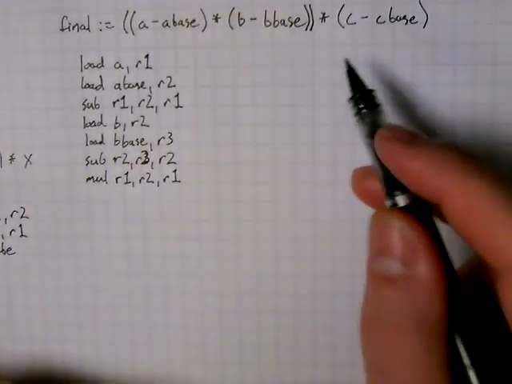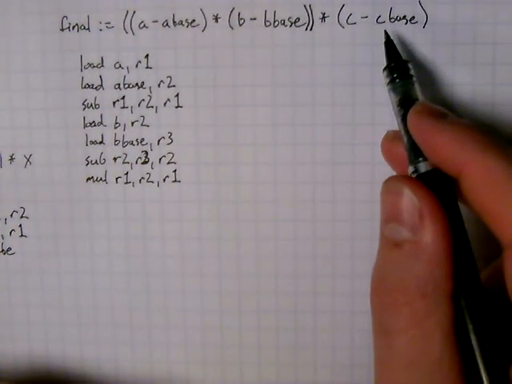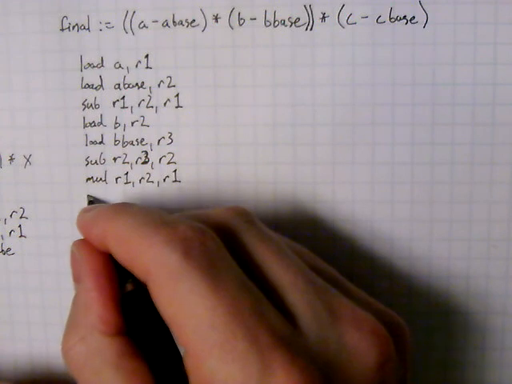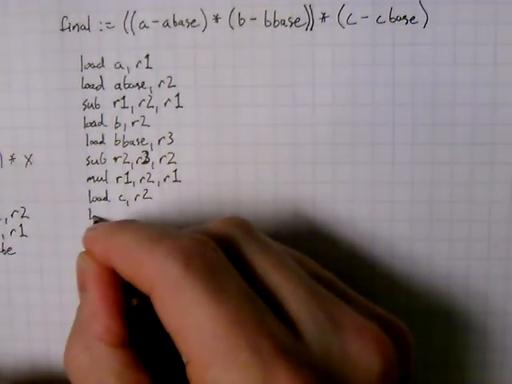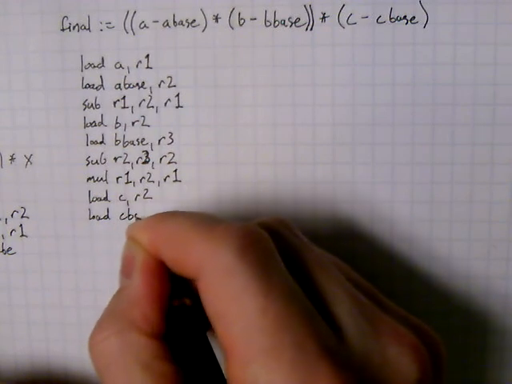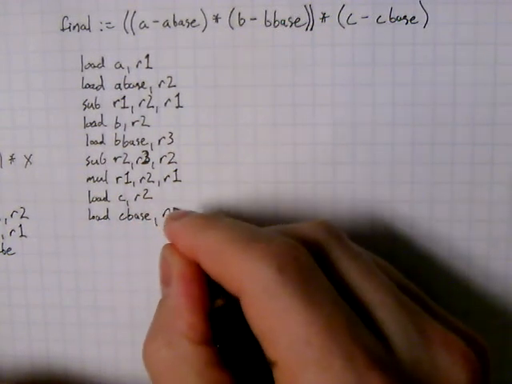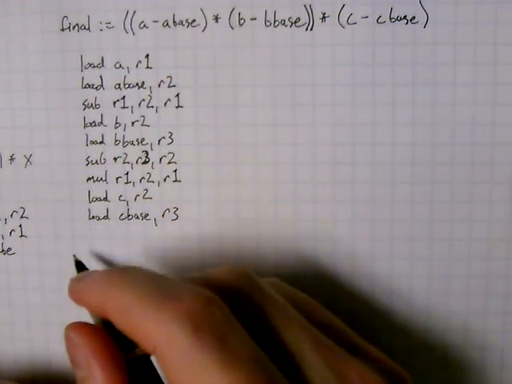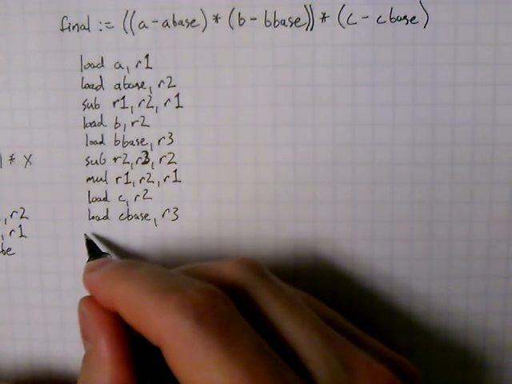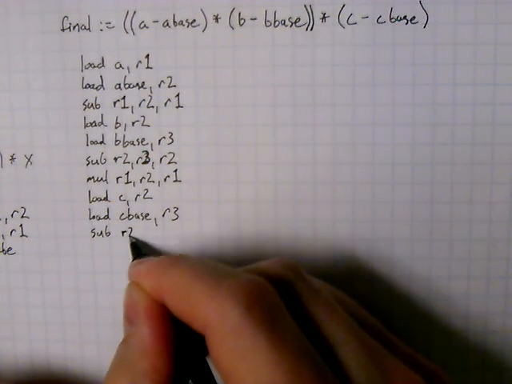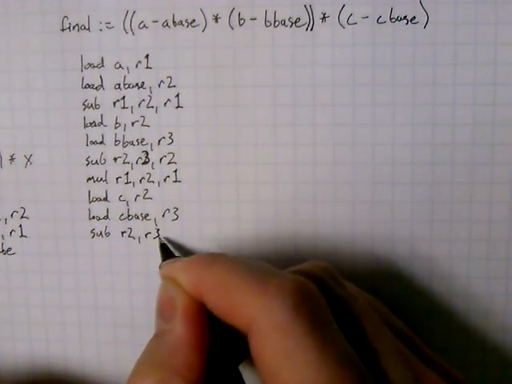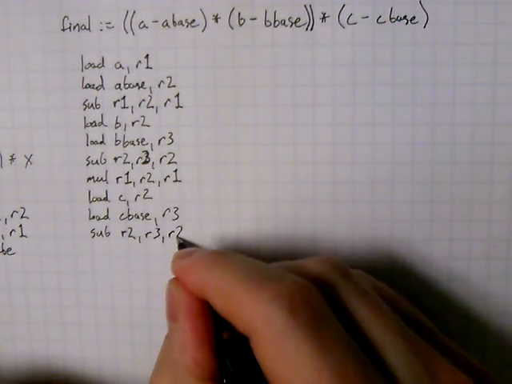And so we need to do the C minus C base. So first we need to load C into R2, load C base into R3, and then we will go ahead and perform the subtraction. So that'd be R2 minus R3, and we'll store that in R2.